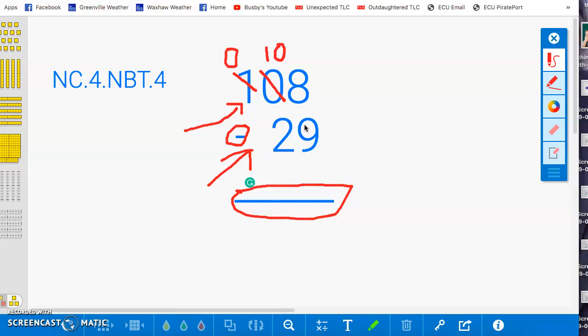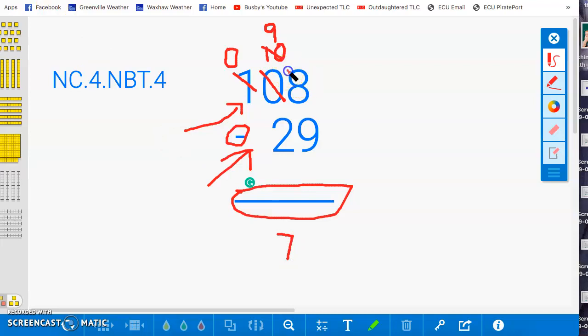You still have to look at the ones place and see, can you subtract from the ones place? Like, is there anything for you to technically regroup or borrow? So you're going to look at the ones place. 8 minus 9. No, you can't. So you're going to have to take away from the tens place. Now, 9 minus 2 is 7.